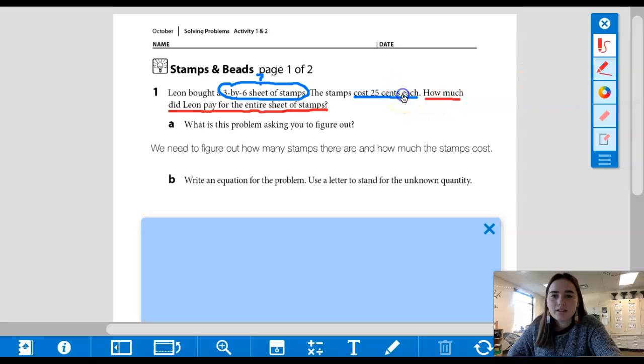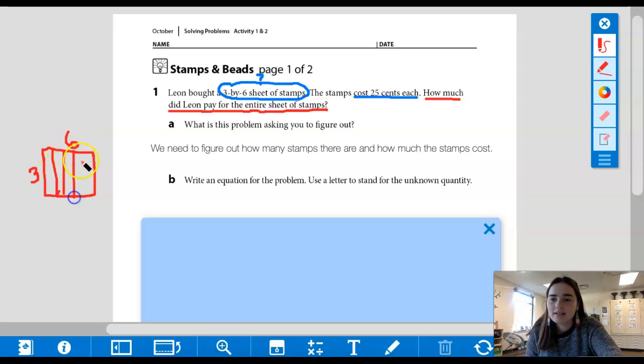The first thing we need to find out is how many stamps Leon has. If he has a 3x6 sheet of stamps, that's like saying he has a sheet like this. It's a 3x6 array, and we need to figure out what that area is, or how many he has. So how many stamps are there?